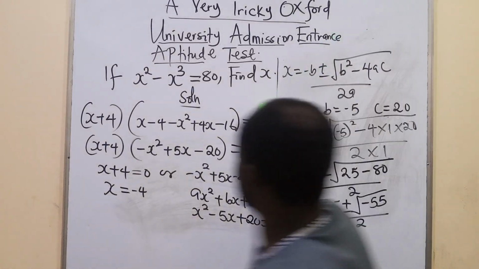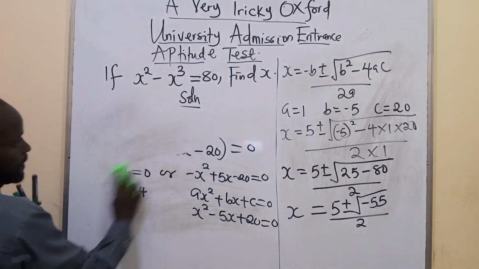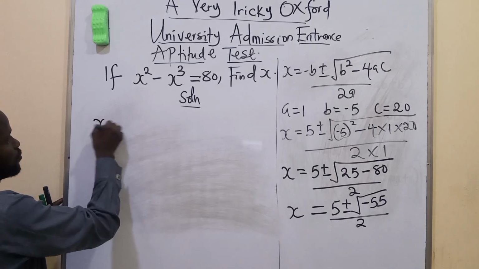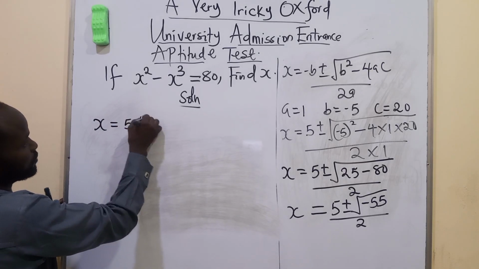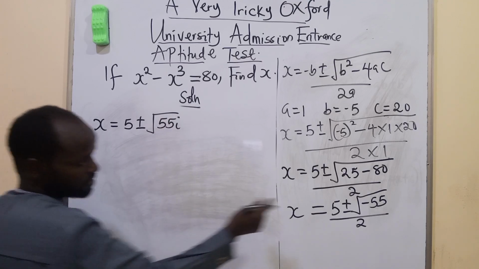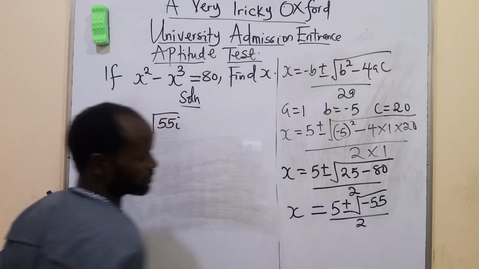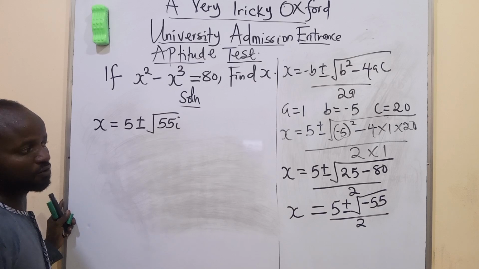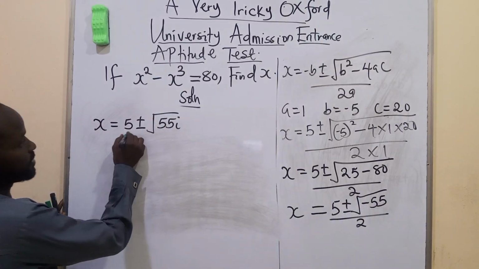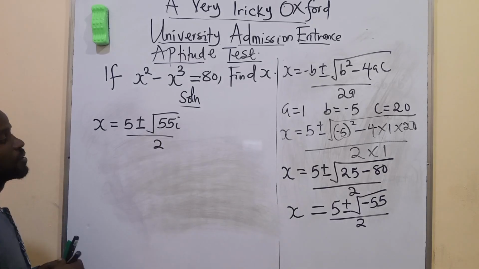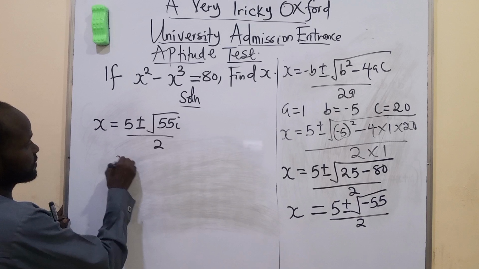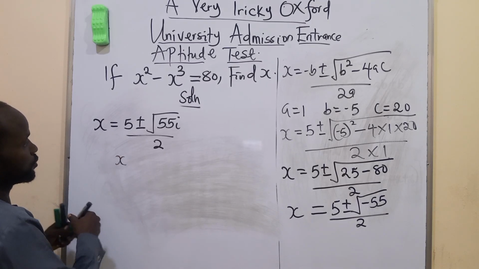So x equals 5 plus or minus root 55i, divided by 2. As I said, we can't get a real solution to this.